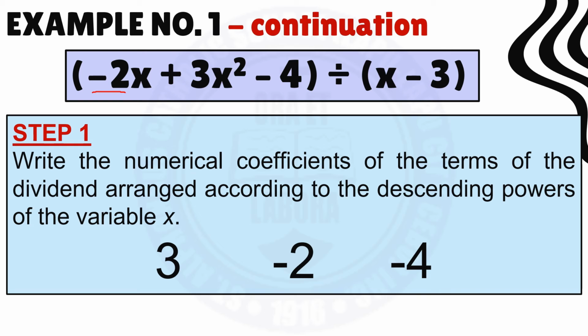After arranging this dividend here, so that is written in standard form, 3x squared minus 2x minus 4. So we have to take the numerical coefficients of the terms in our dividend. So we are using 3, -2, and including the constant, -4.